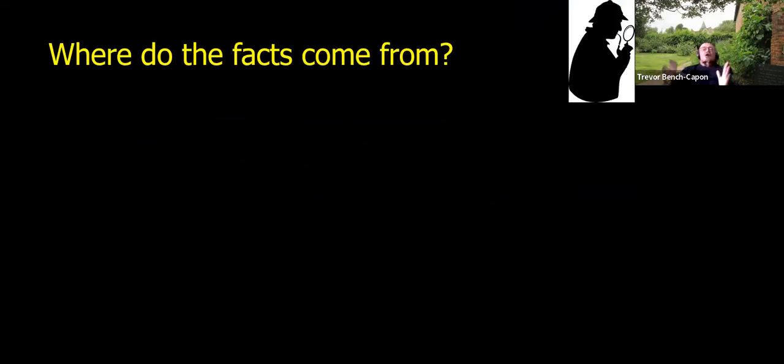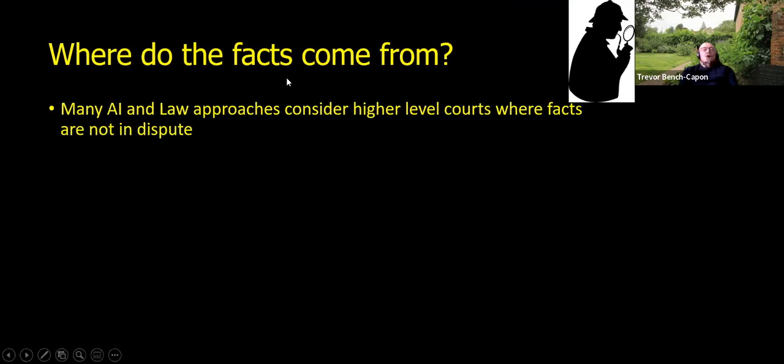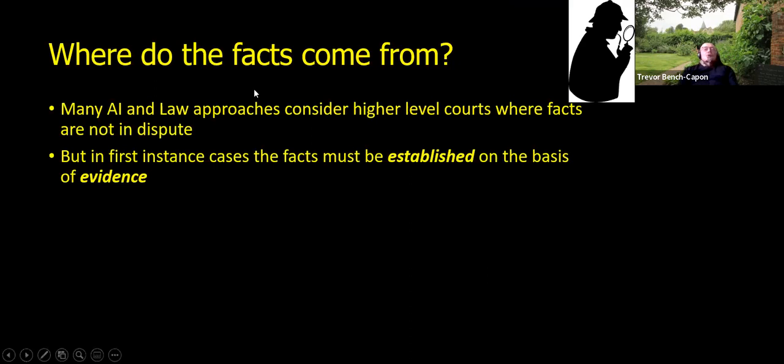So factors are decided on the basis of facts, but where do the facts come from? In many AI and law systems, we're looking at higher level hooks in which the facts are not in dispute. But in first instance cases, the facts need to be established on the basis of evidence.